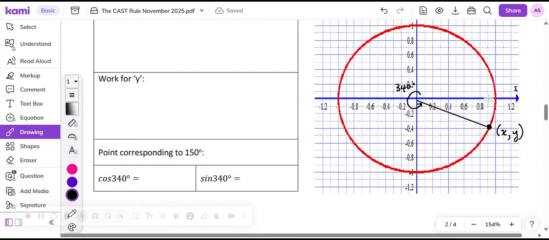Make our right angle triangle. And we want to find the x. We want to find the y. The hypotenuse is 1. And we'd like to do that using SOHCAHTOA. We need an angle, though.